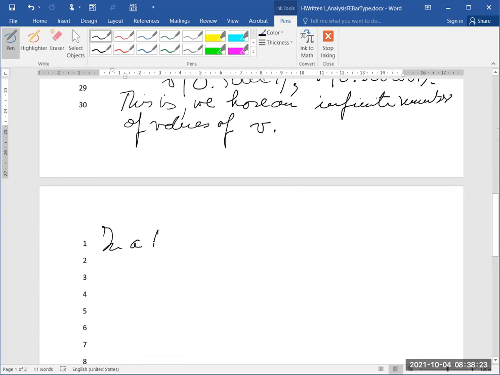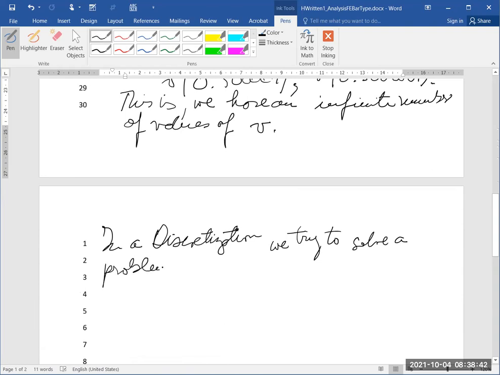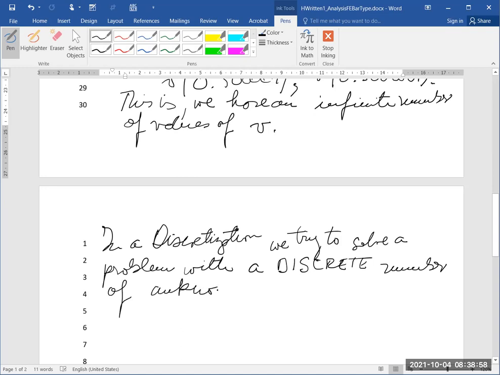In a discretization, we try to solve a problem with a discrete number of unknowns. This is U.